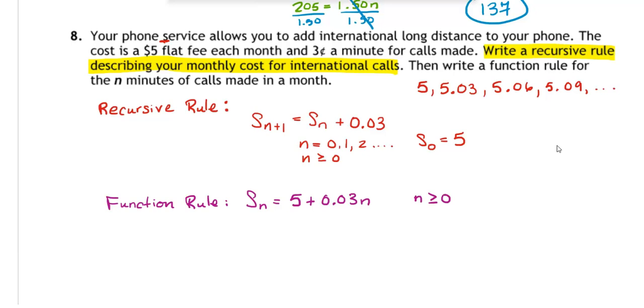So if it's the 72nd term in the sequence, you would define it by the 71st term in the sequence immediately before it. But you have to know what that term is. And so that's why there's a lot of limitations on recursion and when to use them and how to use them. So we'll go into that a little bit further as we go through our unit. Let me know if you have any questions.